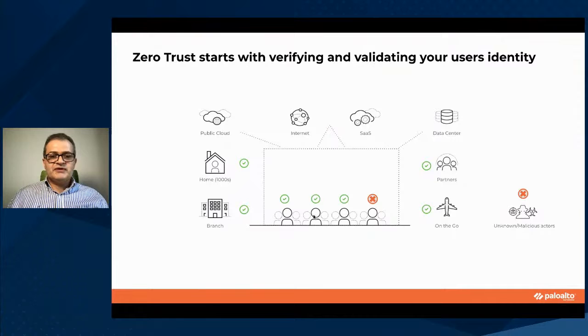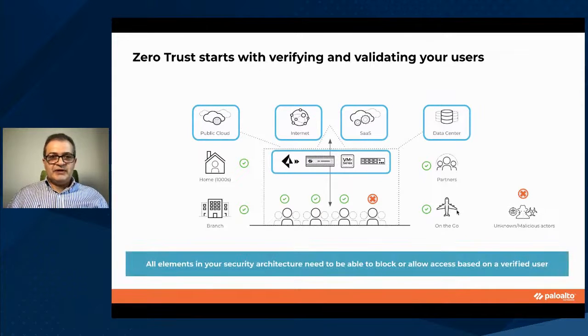So we have users that are spread all over the network. Some of them are working in branches. Others are working from home. We also have users on the go, mobile users, and we have partners who are accessing our network. We need to be able to verify all of these users and block users who do not have access or malicious actors who are trying to access our network.